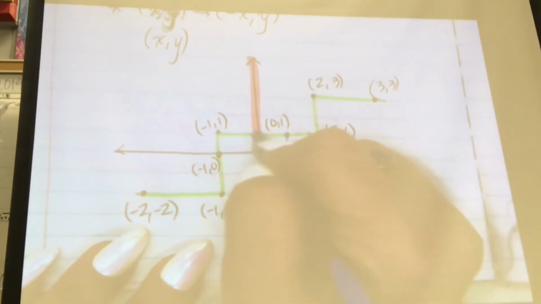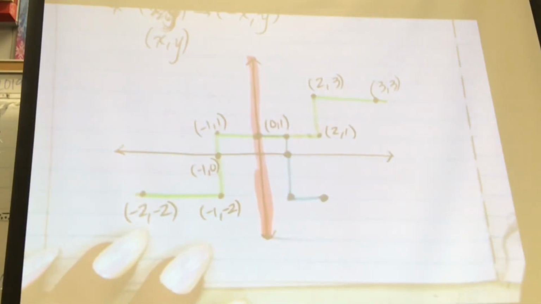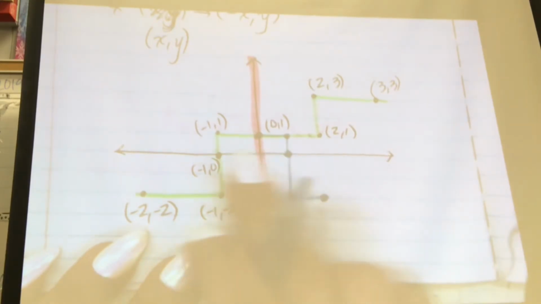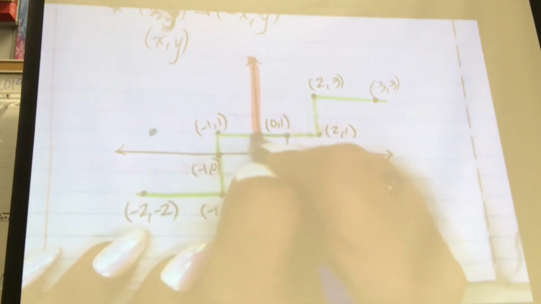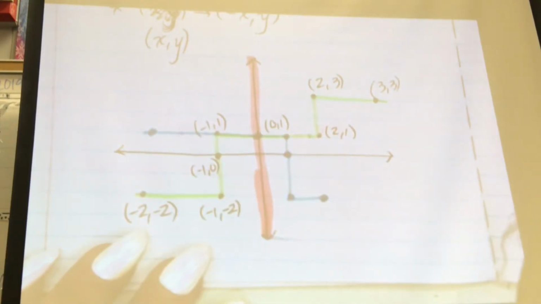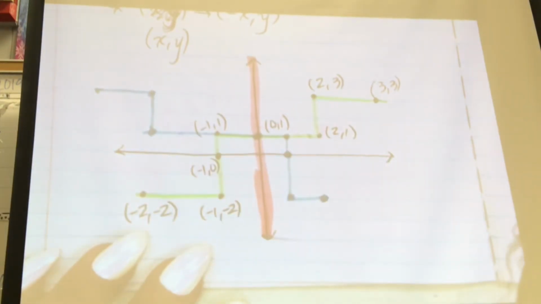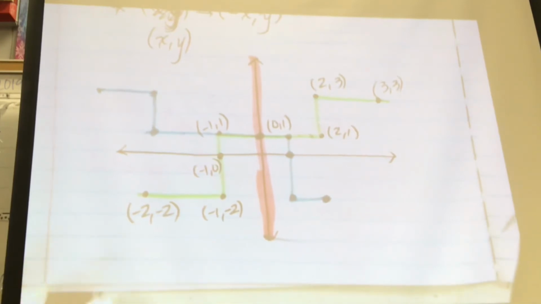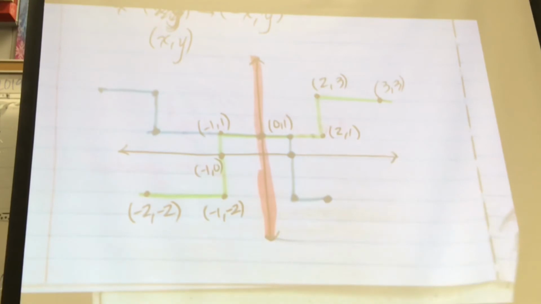Then we got (0, 1). Looks like we're making our way back. Then we got (-2, 1). We got (-2, 3). Then (-3, 3). And by golly George, everything that's on the left is now on the right, and everything that's on the right is now on the left.